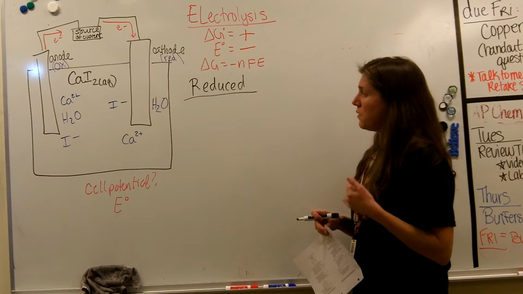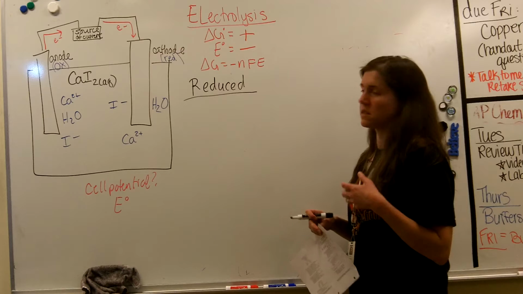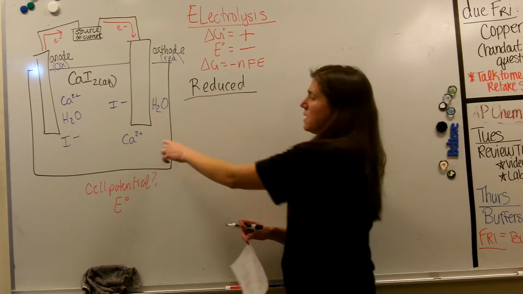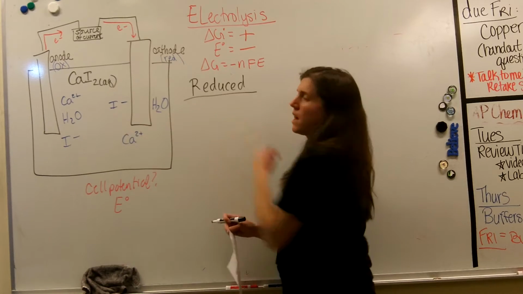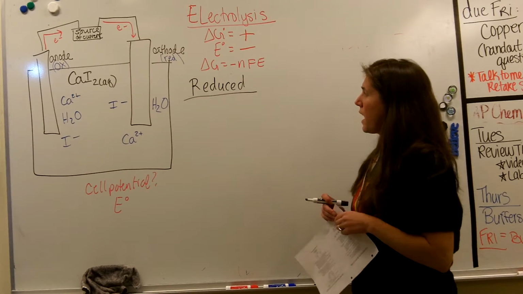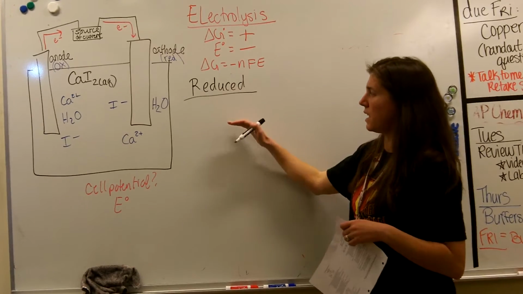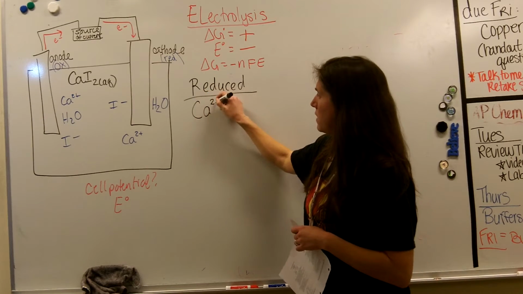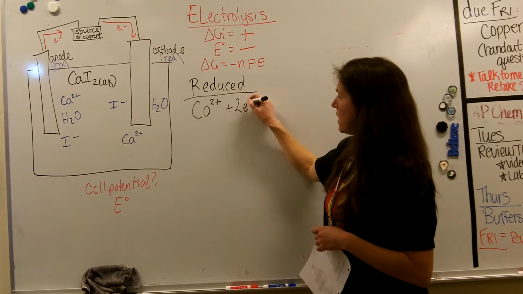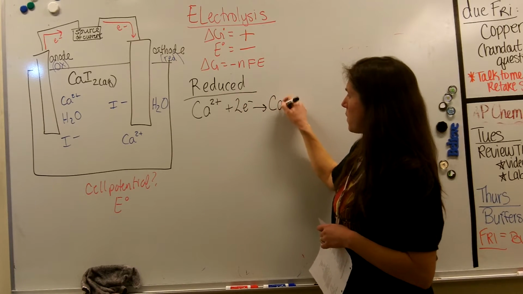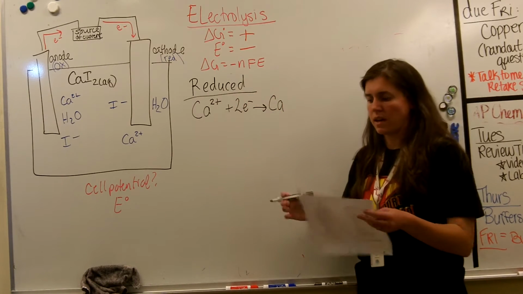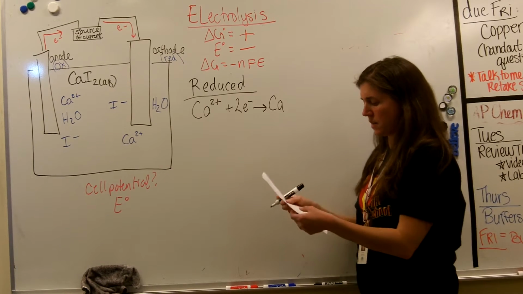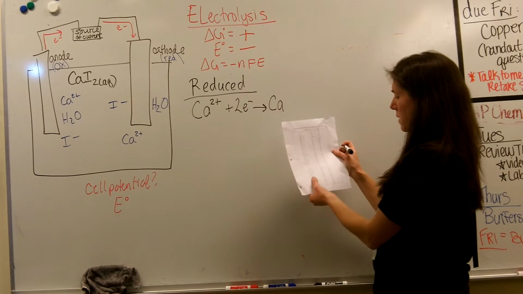So you have to ask yourself, what is present in the solution? I've got aqueous calcium iodide. That means I have calcium ions, I've got iodide ions, I've got waters. And reduction is gaining electrons. So if we think about our options here, calcium ions could gain electrons to form calcium. If you look at your table and find calcium, you just want to scan through your table.